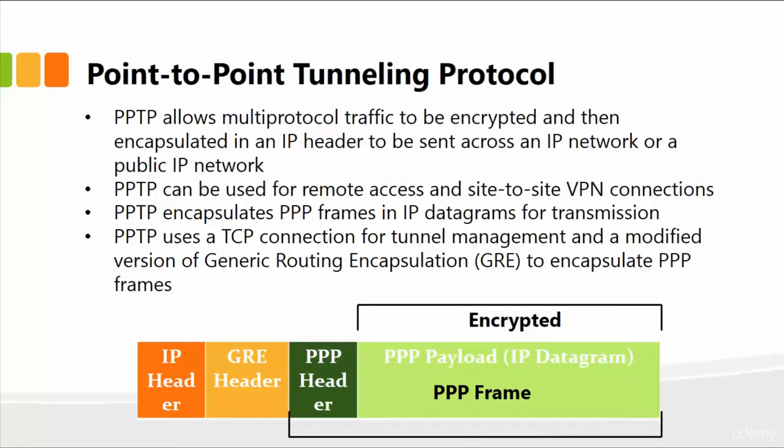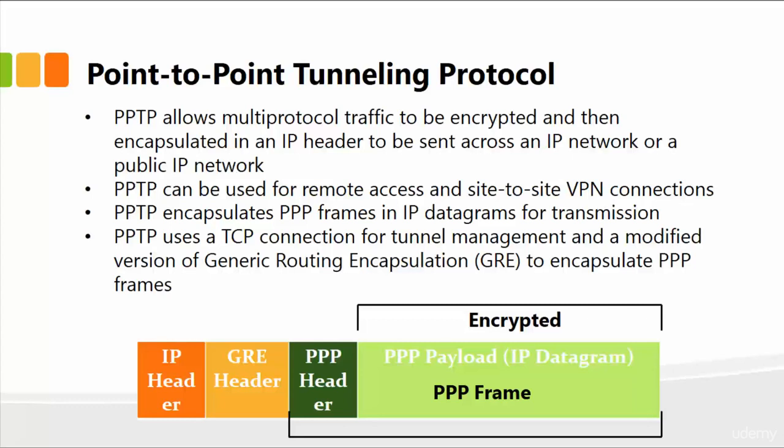Point-to-point tunneling protocol, a couple of other things that you need to be aware of. It allows multi-protocol traffic to be encrypted and then encapsulated at the same time in a given IP header. And that essentially is sent across the network or public IP network. PPTP can also be used for remote access and site-to-site VPN connection, so it has a big advantage to it.